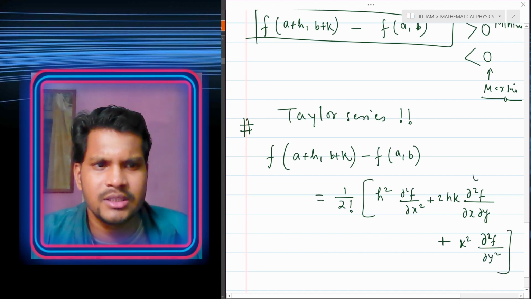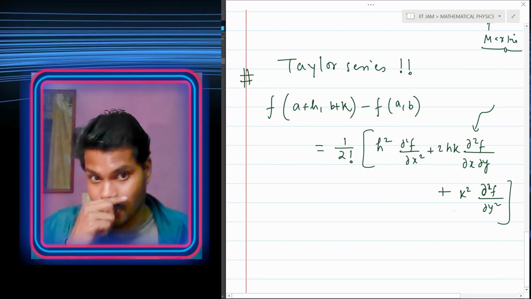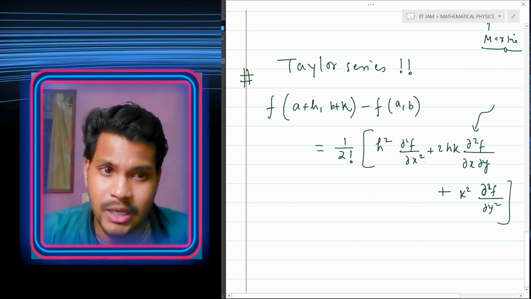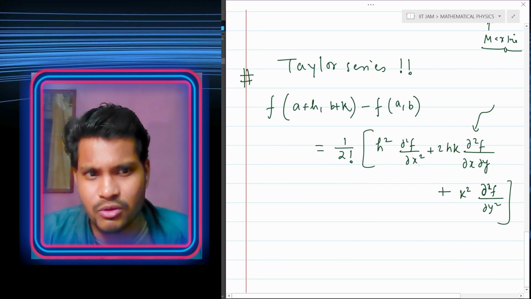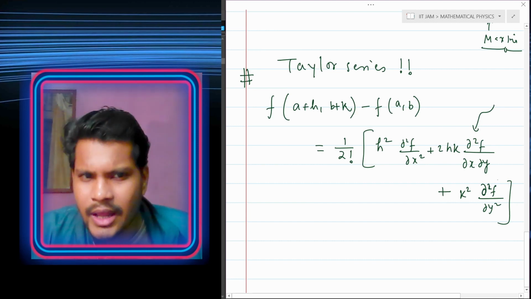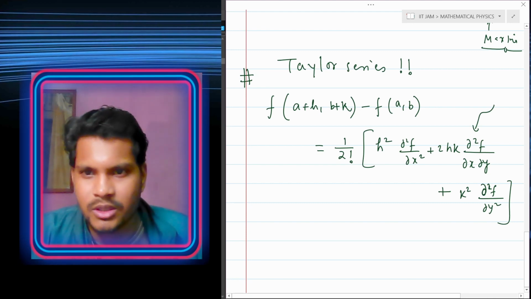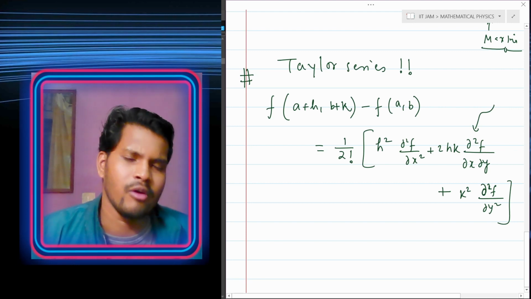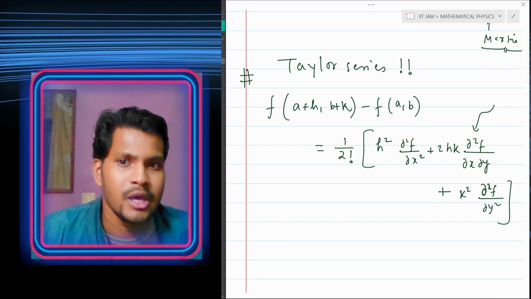You see this is the cross term involved here, because f is made up of 2 variables. When we evaluate the derivative with respect to x, then y is constant, and when we do y, then x is constant. So when taking partial derivatives, we need to understand at which order we are taking them.